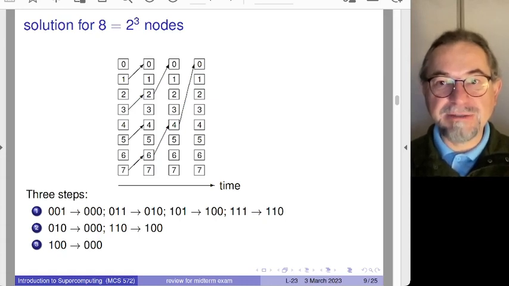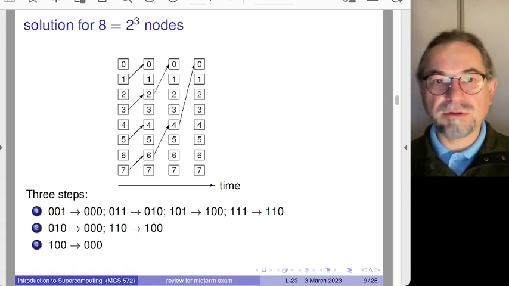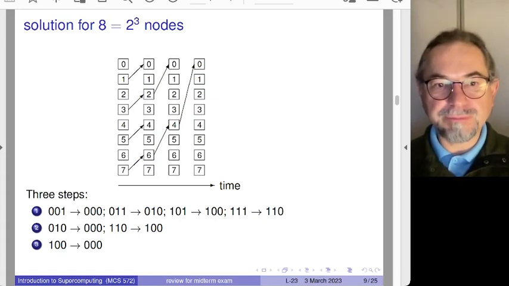So these are the communications that allow to gather one result to the root node.